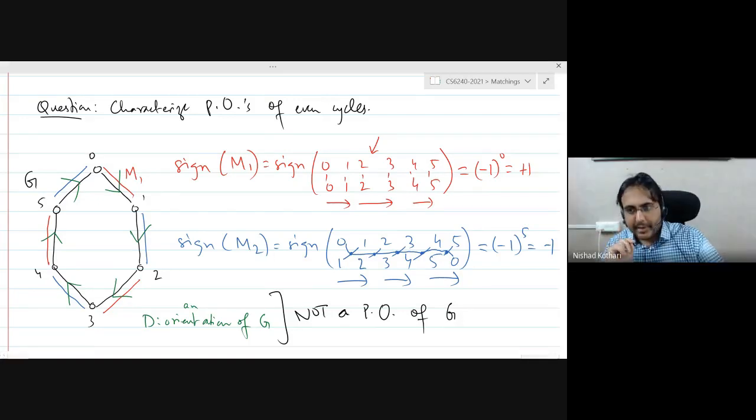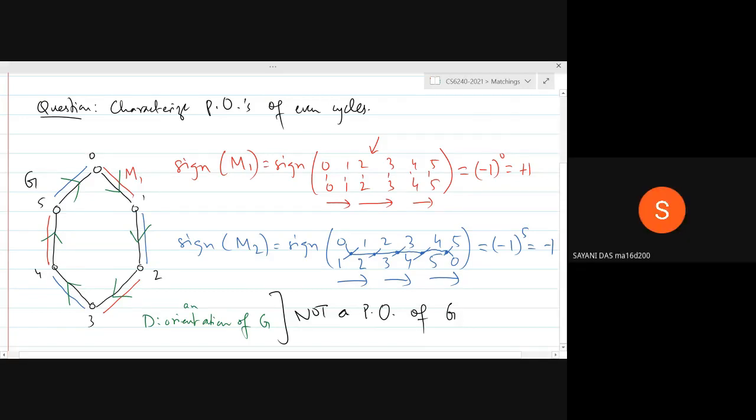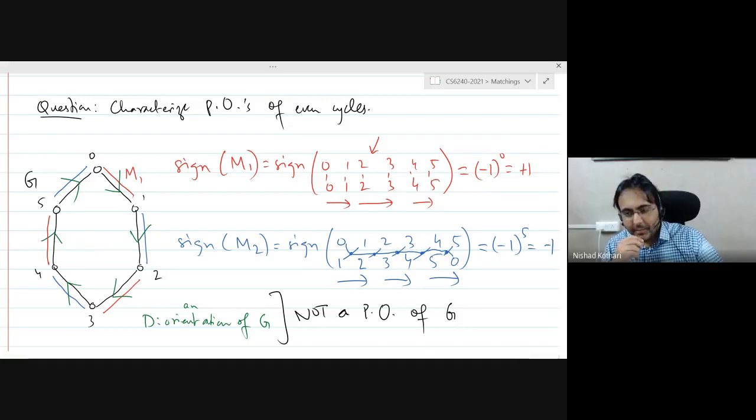Because one of the perfect matchings, the sign will change and the other one will remain the same. Supposing I flip one more, what will happen? Supposing I flip an edge E, so I get a Pfaffian orientation. Now I flip another edge F. What will happen? No, then it will not be a Pfaffian orientation. Right, exactly.